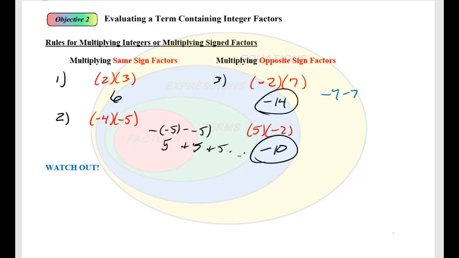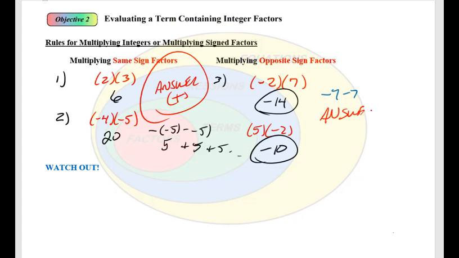So it actually turns out to be positive. So if I multiply negative 4 and negative 5, I get a positive number, 20. So if I multiply same sign factors, the answer is going to be positive. If I multiply opposite sign factors, the answer will always be negative.